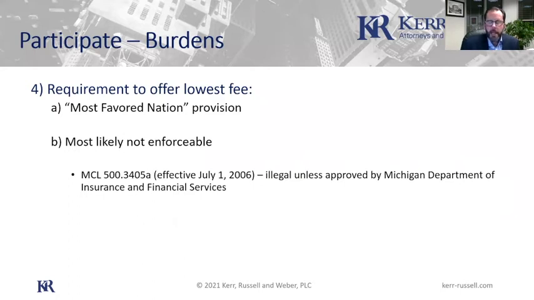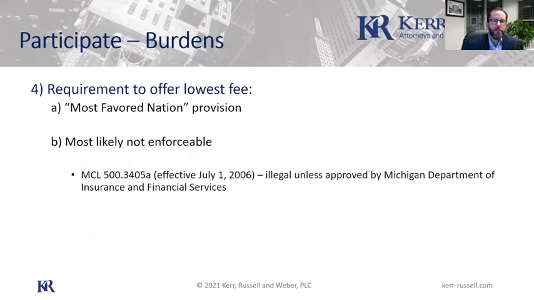Next, many participation agreements contain what's called a most favored nation provision. And what this means is that, say you have 5 different participation agreements you've entered into with different dental plans and different insurers. And the fee schedules are all different, right? So you're getting less from some insurers and dental plans than you're getting from others.